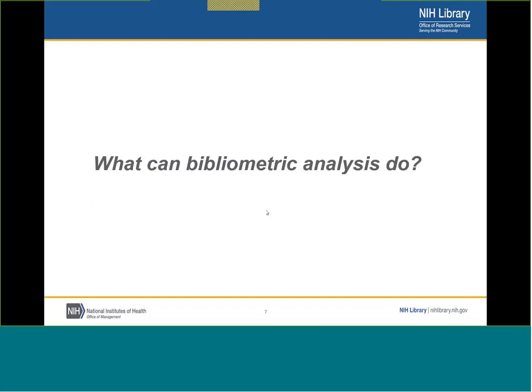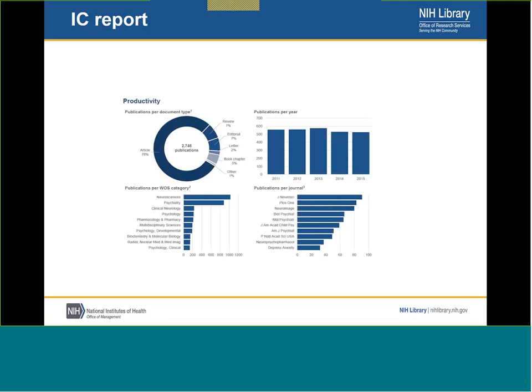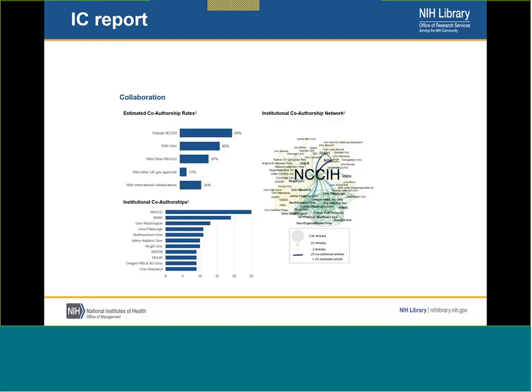So some of the major things that you see maybe tons of times already is that when we push out those IC reports, you're going to see something about the productivity. So basically, it's publication count about a lot of different things, by document type, by particular year, by Web of Science subject category, by journals, okay? And you will also see the collaboration patterns.